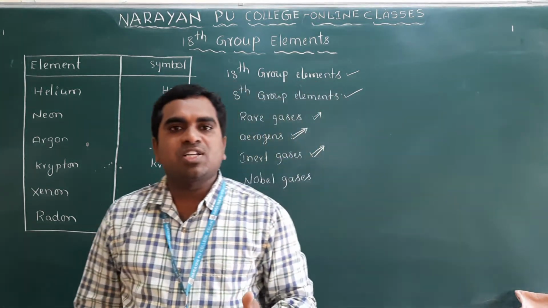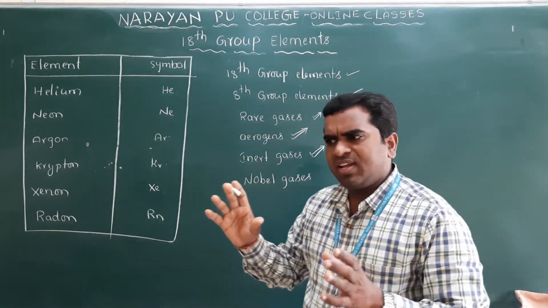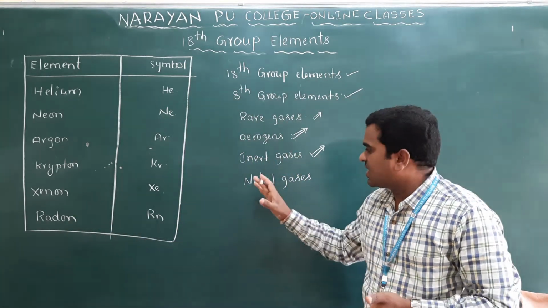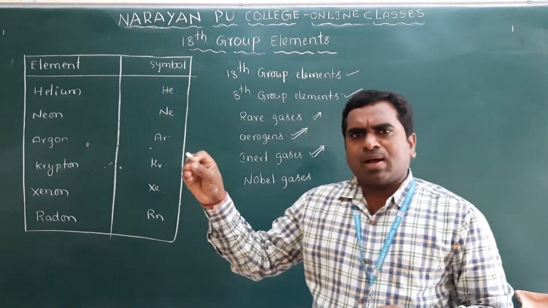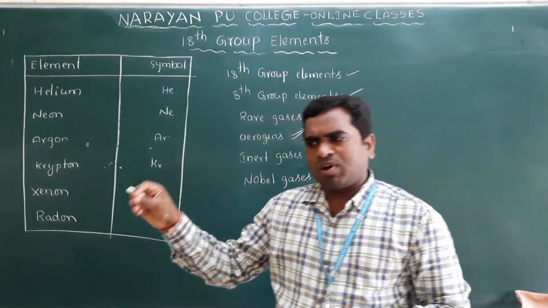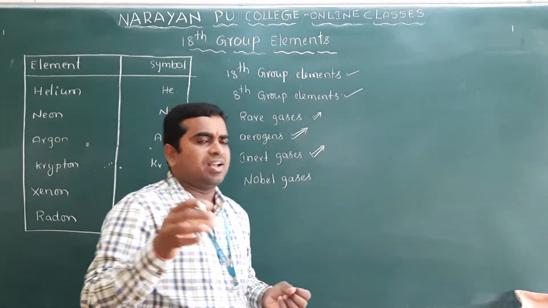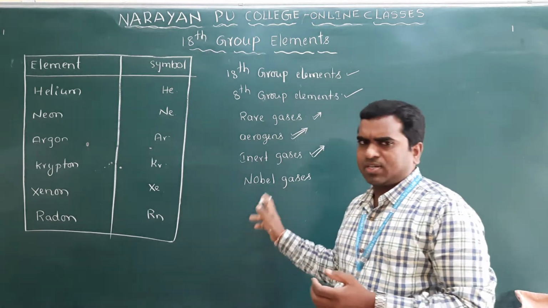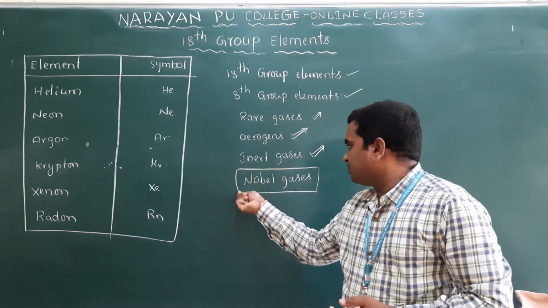Noble gases means they are very reluctant to react, but they are not completely inert. At some time, with highly electronegative elements under very drastic conditions, they may react. That's why they are called noble gases.